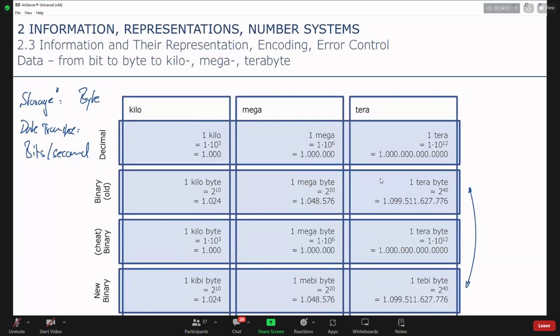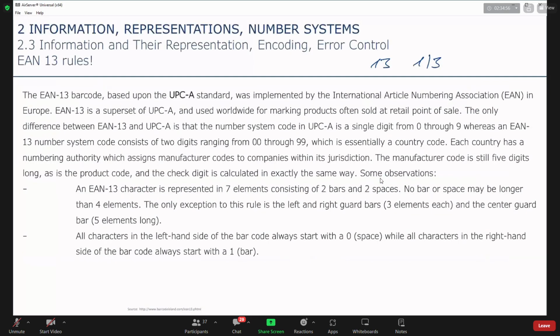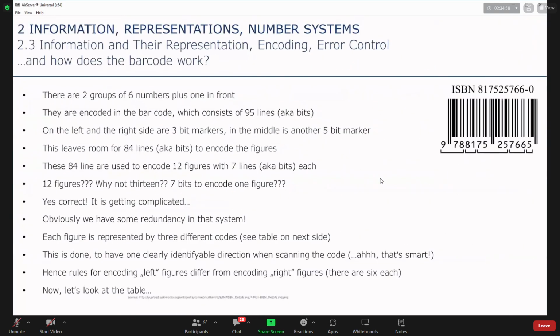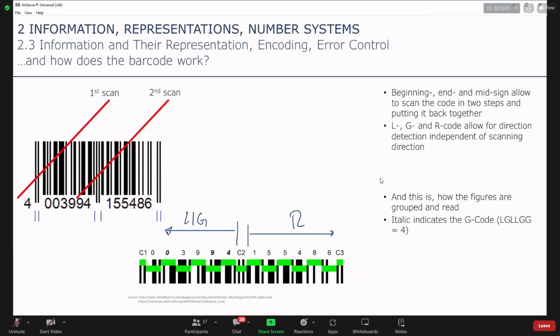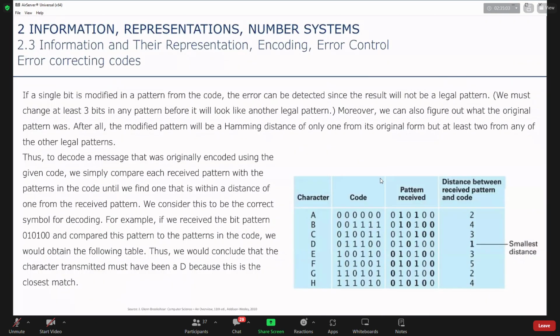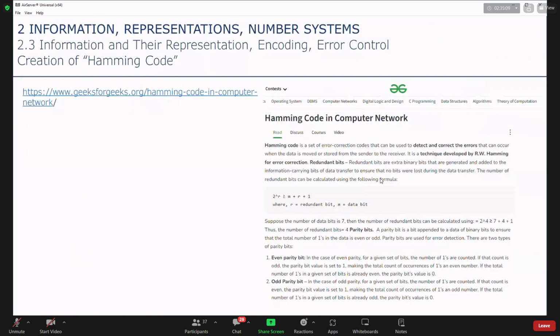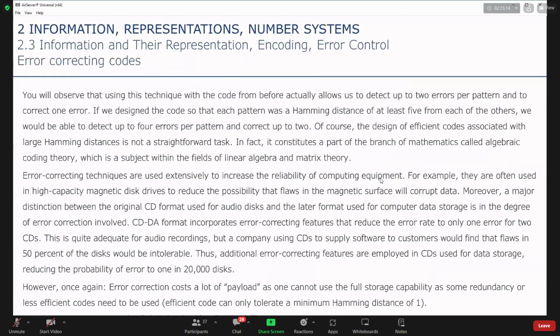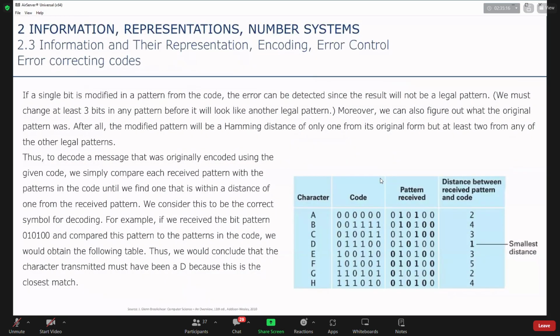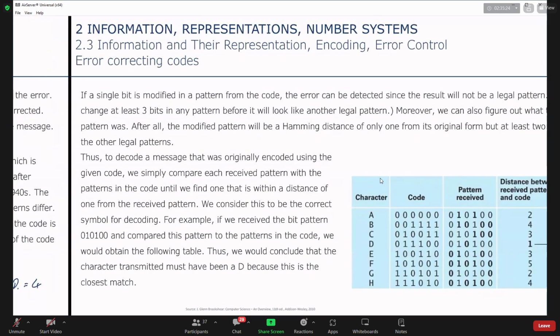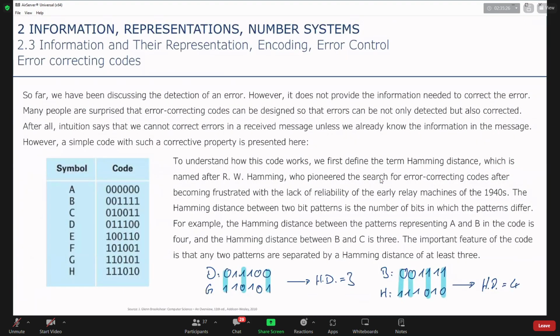Then let's look into it if you don't know. Here is the definition.